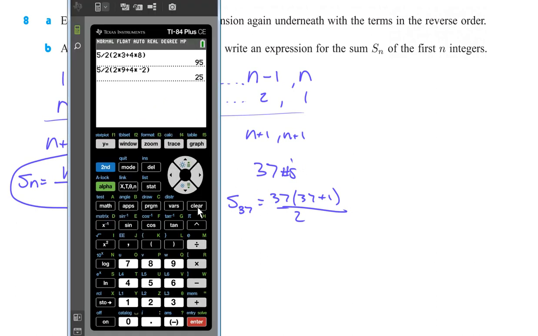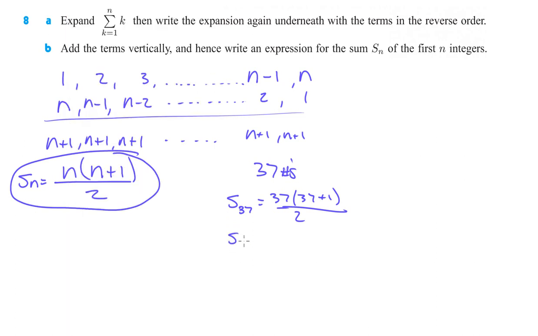So 37 times 38 equals, and then divide that by 2. The sum of the first 37 numbers altogether is 703. That is definitely easier than adding 1 plus 2 plus 3 plus 4 all the way up to 37. Again, that was just to help you understand what's going on with that.